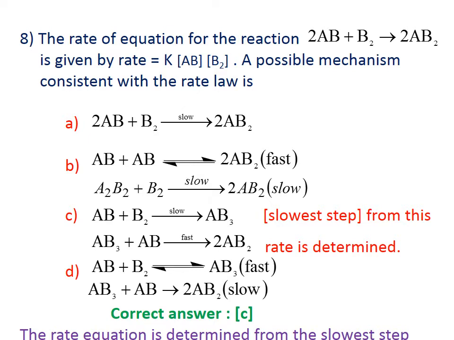For equation 3, the rate equation is correct: rate equals K into concentration of AB into concentration of B2. The correct answer is C, and the rate is determined from the slowest step, the rate determining step.